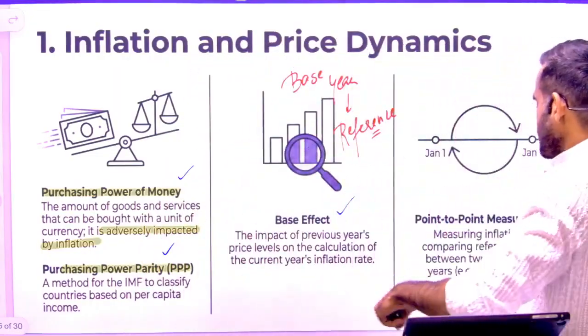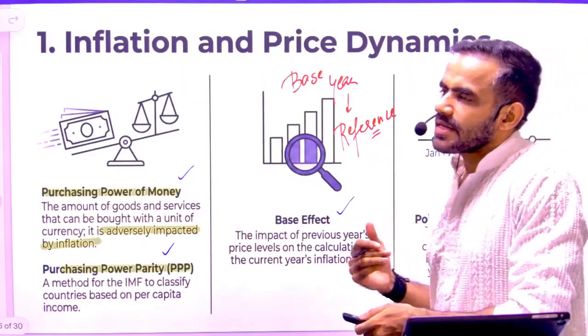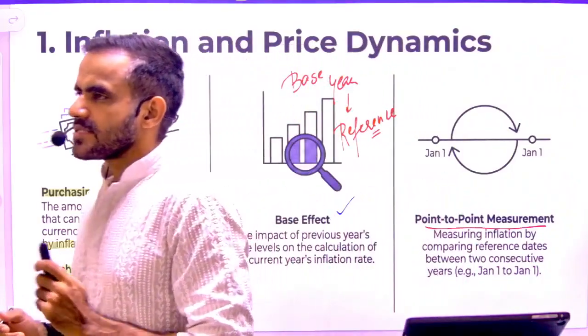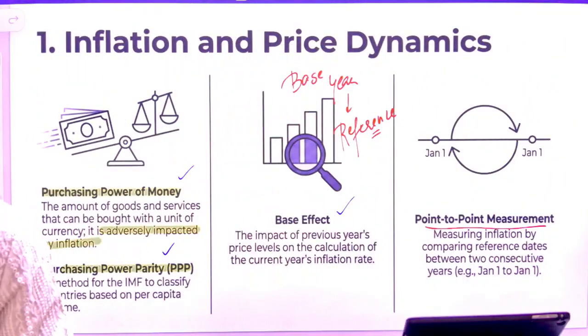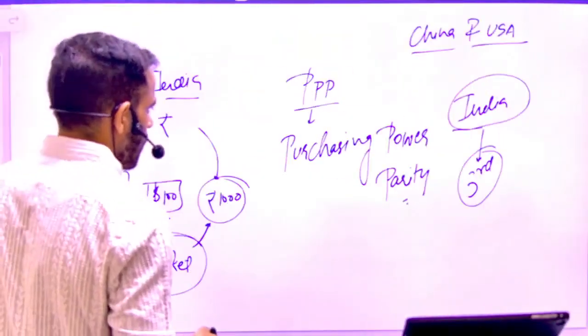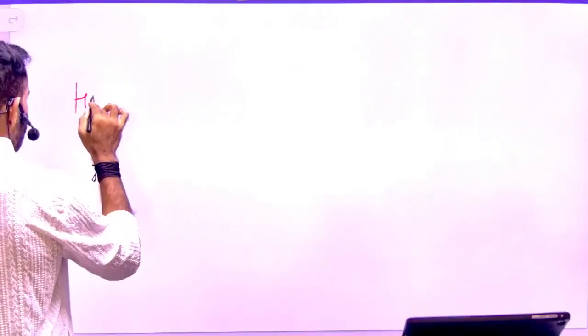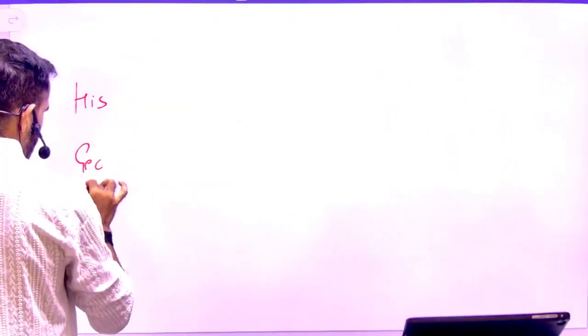Okay, next is point to point measurement. Now what is this point to point measurement? Understand it this way. Let's say we have to compare your academic performance. Let's say you had appeared in 3 different tests: history, geography and polity.